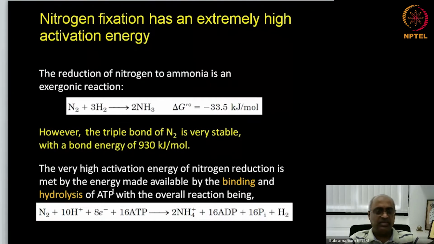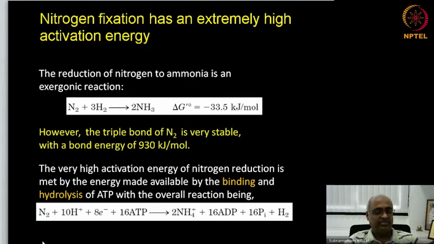And second, of course, which is familiar to us, ATP hydrolysis itself proceeds with a negative delta G, and that energy is also available. So here the ATP provides energy in two important ways, and just to stress that point, I have colored them separately. Okay, so the summary is this: nitrogen plus 10 protons, 8 electrons, and then you have 16 ATP hydrolysis to provide 2 molecules of ammonia.